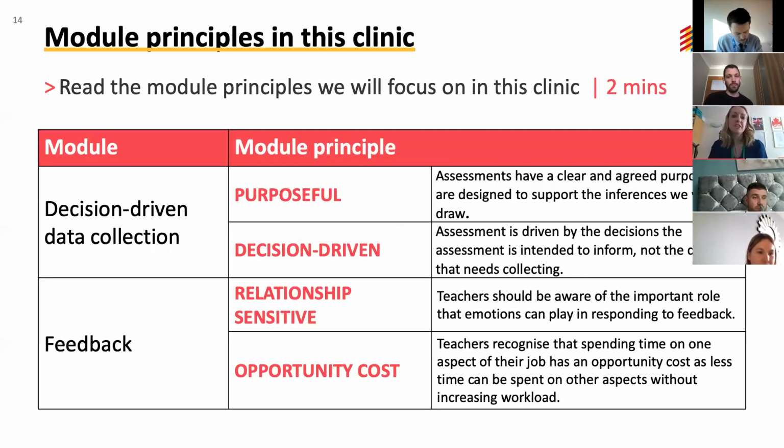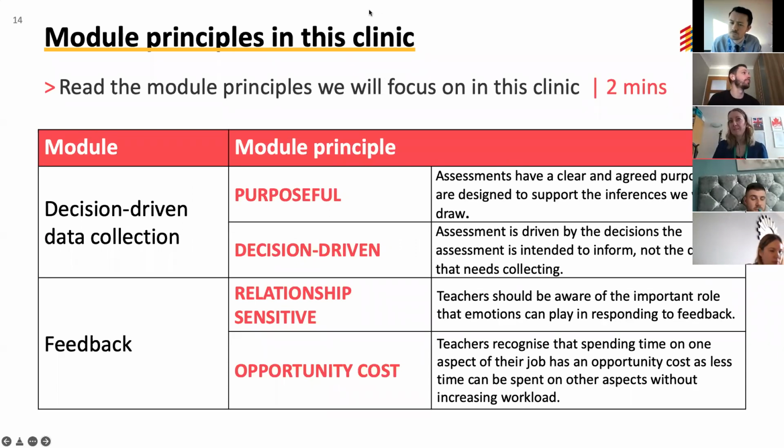So we're going to just clarify which module principles we're going to focus on in this clinic, because as we've said, we can't cover everything, unfortunately. So what we're going to be looking at particularly today is for the module decision-driven data collection, looking at purposeful and looking at decision-driven.